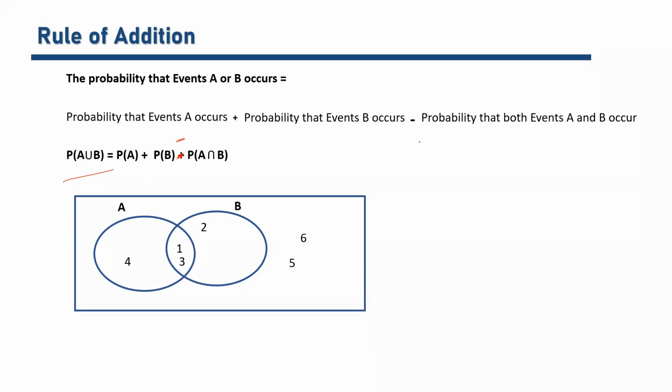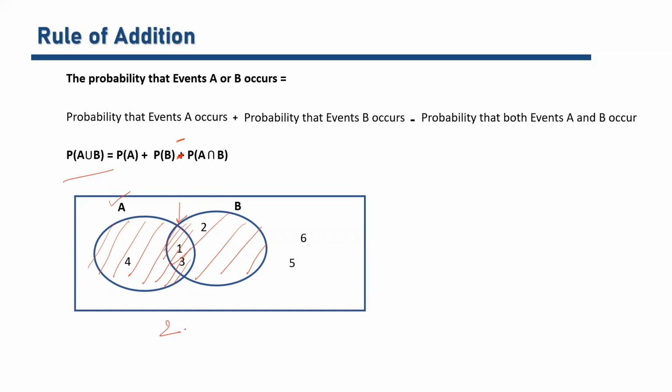Now, why are we deducting the intersection of A and B? Because when I'm taking A into consideration, I'm already taking this part, right? Whenever I'm taking P of A, it's actually taking this part. And whenever I'm taking P of B, it's actually taking this part, the entire B. So this A intersection B is getting counted 2 times, right?